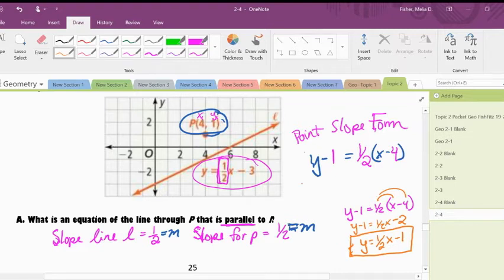This is also a perfectly acceptable answer right here. We could have been done right here.